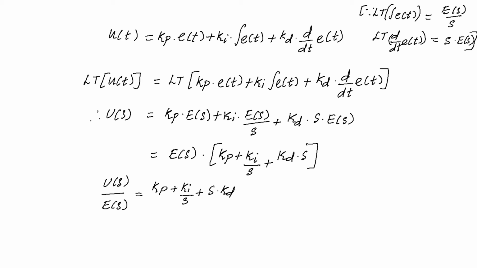In order to get our normal arrangement, we are supposed to take Kp outside. So when you consider Kp outside, you can write it as Kp of 1 plus Ki divided by s times Kp plus s times Kd divided by Kp.